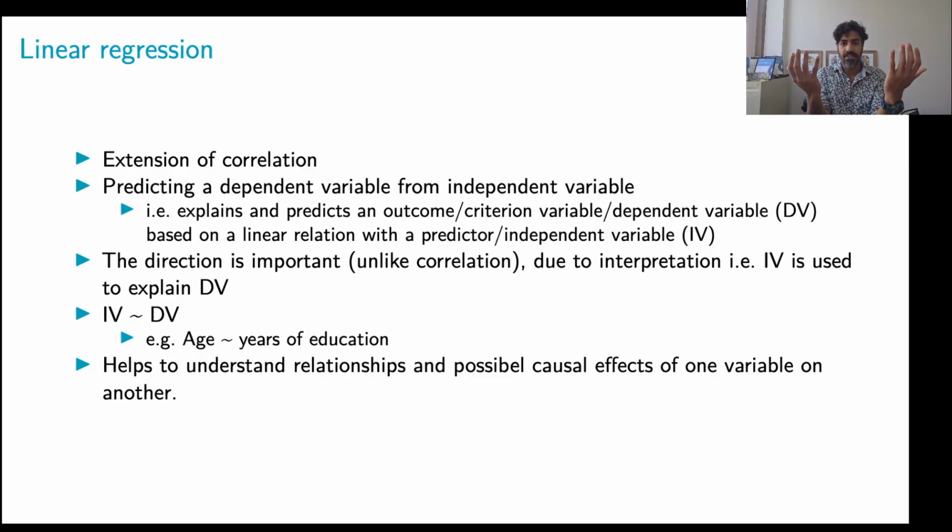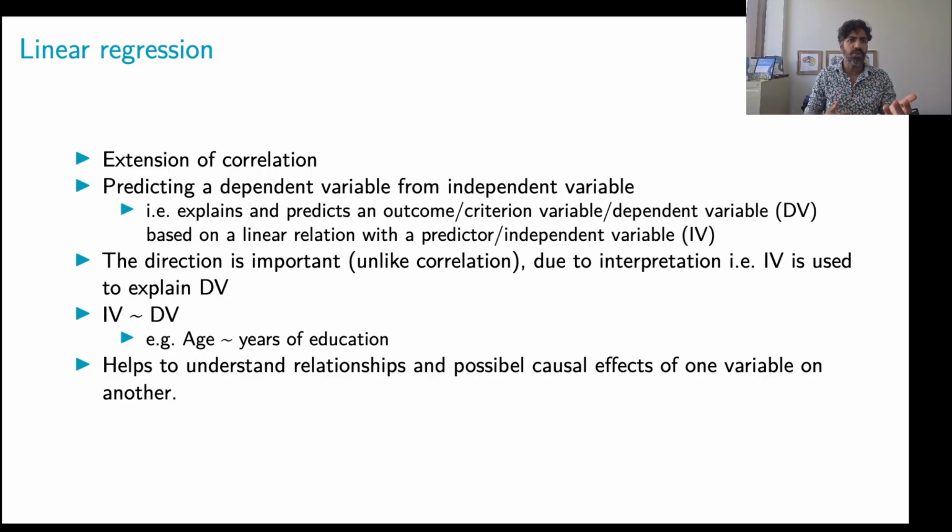You get the same answer, same output. But for linear regression, it does matter. You want to be saying that your independent variable is what you're changing and your dependent variable is what you're measuring, and the direction of effect is from the changes occurring in the independent variable to what you're observing in the dependent variable.